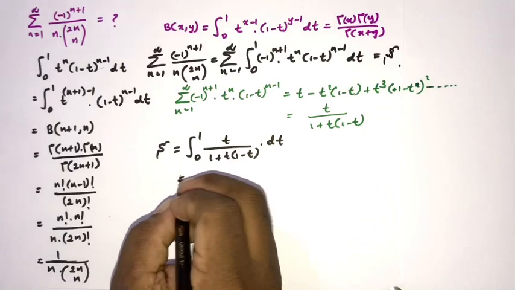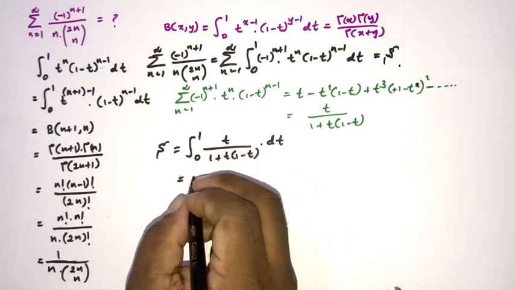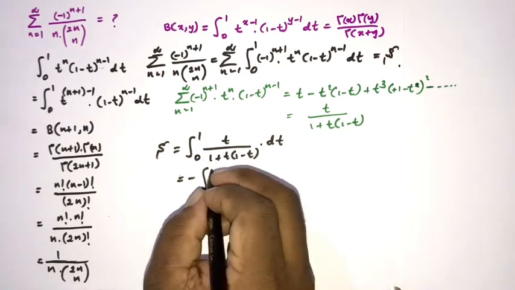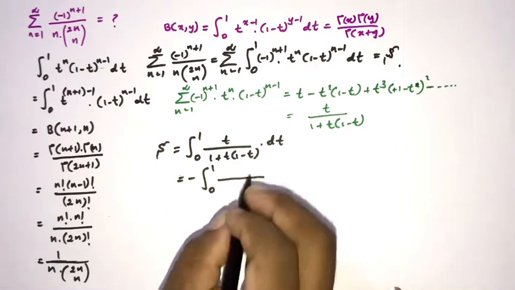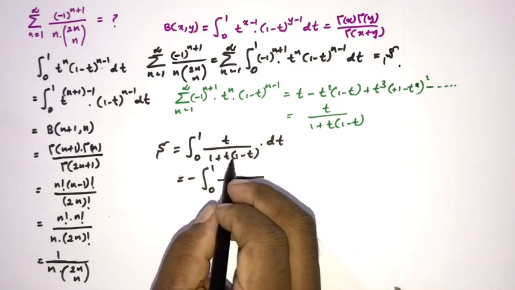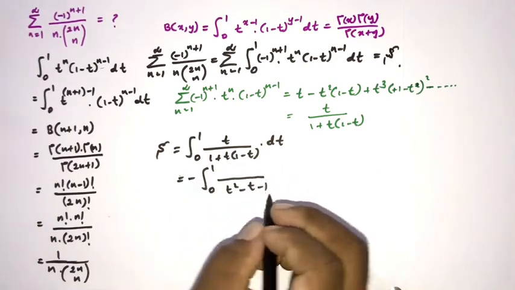Okay, then here if you multiply, minus t squared, so I'm going to take the minus sign as a factor. So minus integral from 0 to 1. Now here we have minus t squared, so t squared, then plus t, so minus t, then plus 1, so minus 1.